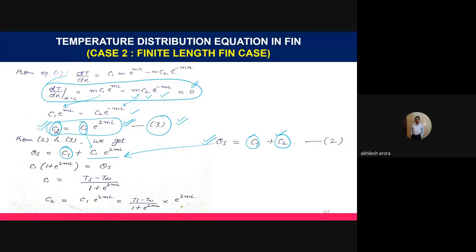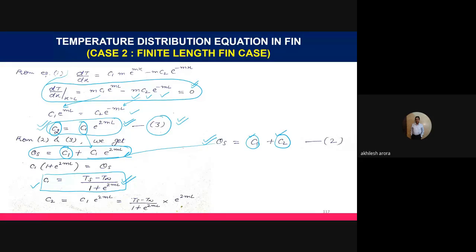So finally, using this equation, I have calculated the value of c1, and c1 comes out to be Ts minus T infinity divided by 1 plus e raised to power 2ml. So this is the value of c1. You can just have a look at it. It's quite easy, not difficult.